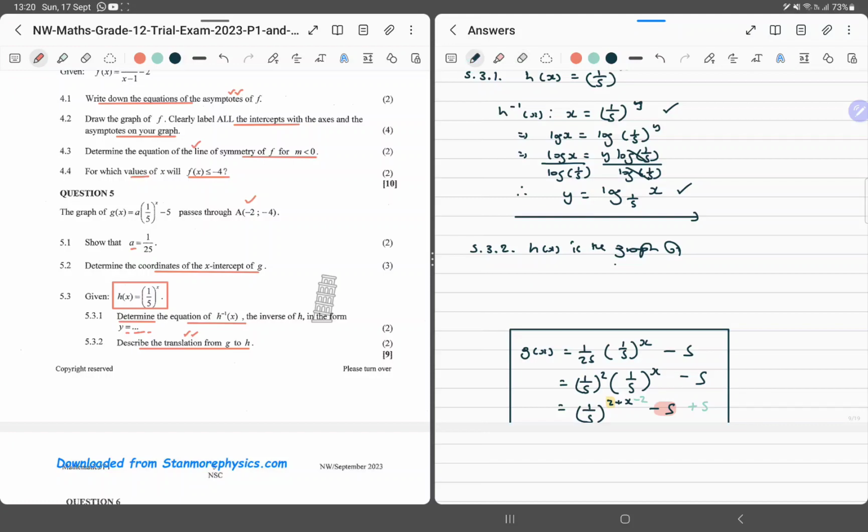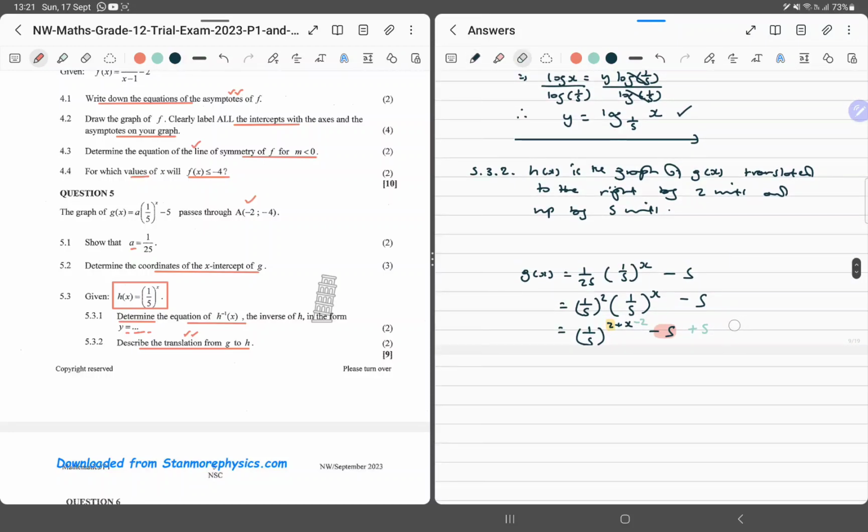So this is the graph of g of x translated to the right by 2 units and up by 5 units. Easy.